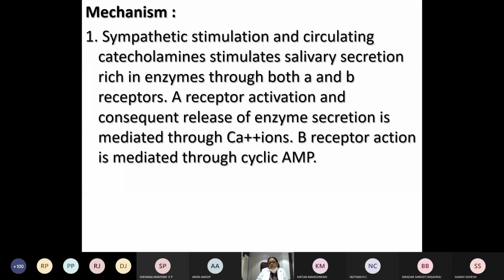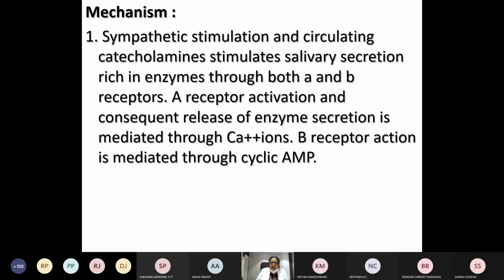So what is the mechanism? Sympathetic stimulation and circulating catecholamines stimulate salivary secretion rich in enzymes through both alpha and beta receptors. Alpha receptor activation and consequent release of enzyme secretion is mediated through calcium ions.